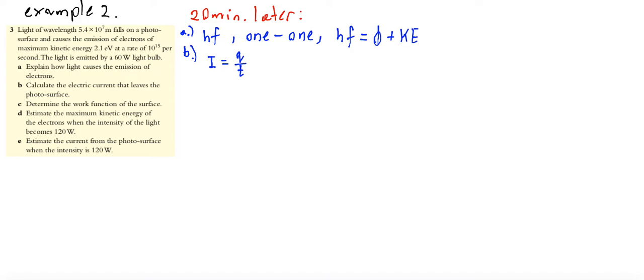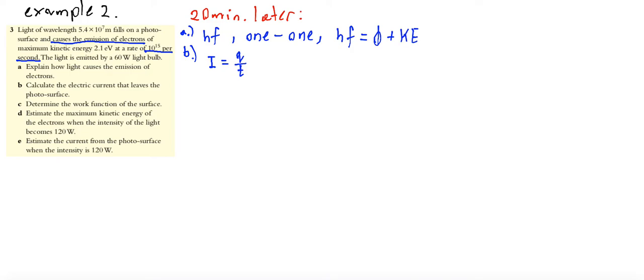The important data is, let me read the text, electrons of maximum kinetic energy at a rate of 10 to the power of 15 per second. So here it is written that the light causes the emission of electrons of maximum kinetic energy, which is given at a rate of 10 to the power of 15 per second.